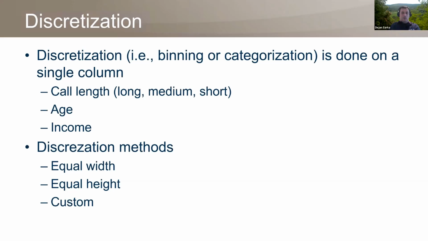Finally, you can do custom discretization, where you use your knowledge of the problem and of how data is stored in your variable, and you know what you are analyzing. Let's say, for example, age. Many times you want narrower classes with younger people and broader with older people, but it can also depend on the problem you are trying to solve.